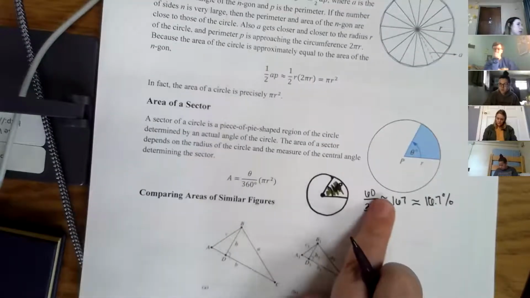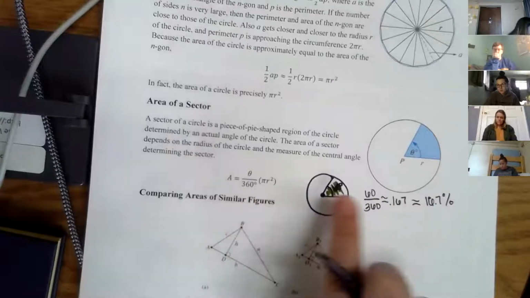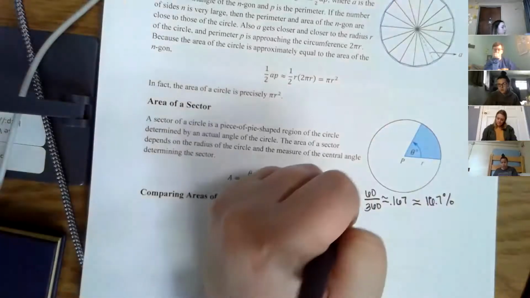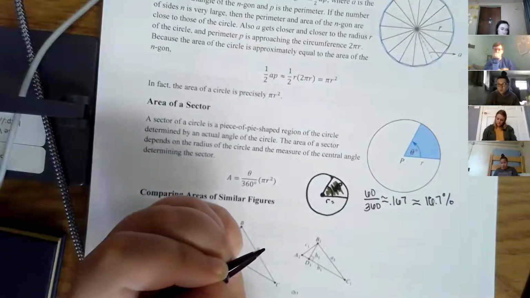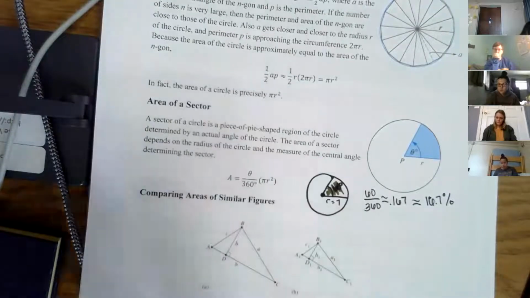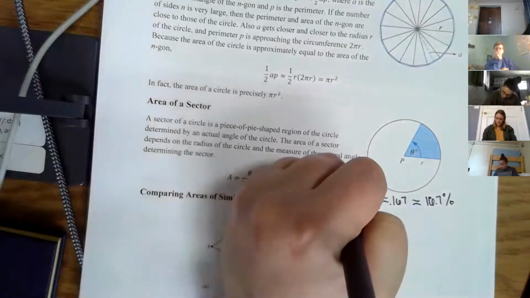So if I take this number and multiply it by pi r squared, and we say r is, somebody give me a number. 7. 7, okay. And we'll say centimeters.